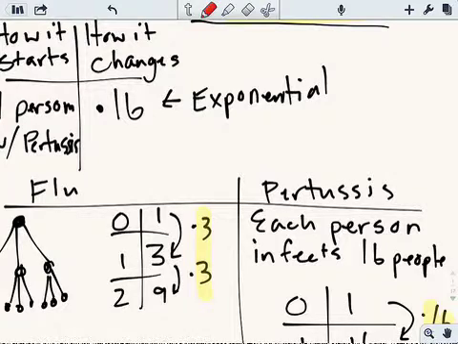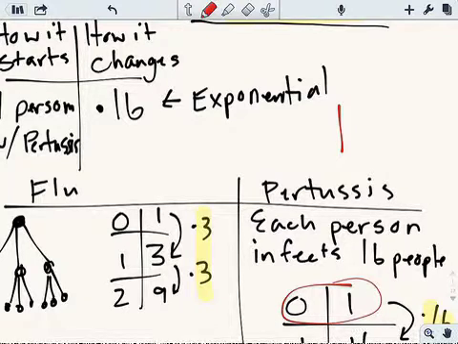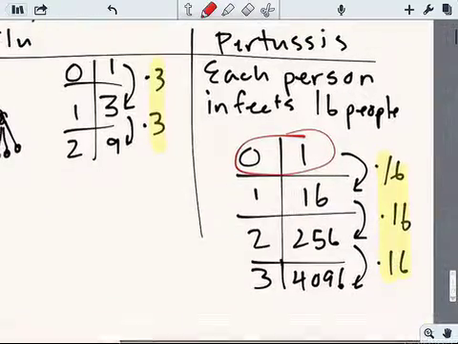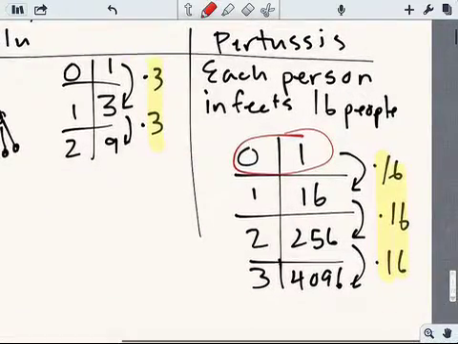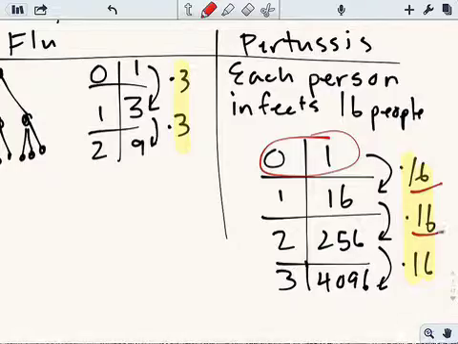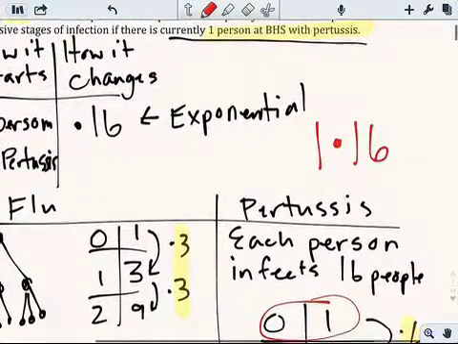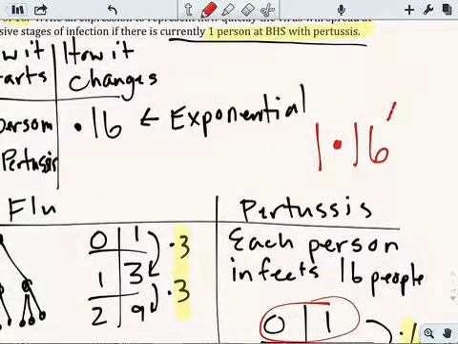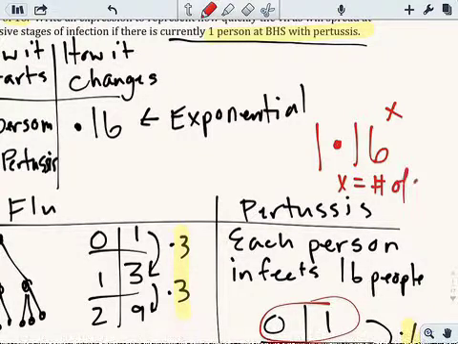It starts at 1, because one person has it, and that's right here as well. It starts at 1, and then every stage it's going to multiply by 16. And because we're multiplying by 16 over and over and over again, we're going to multiply by 16 to the x, where x equals the number of stages.